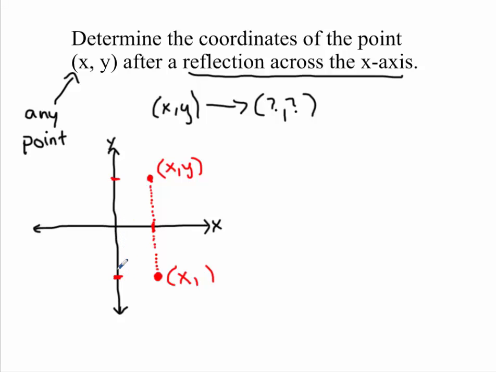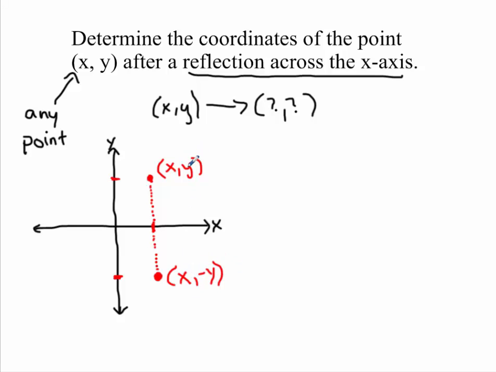When I start from here and reflect across this way, the only thing that's changing is the y value, because I'm starting here, which is positive, and I reflect down here and my y value is now negative. So what I'm going to put here is that the y value changes to the negative y value.